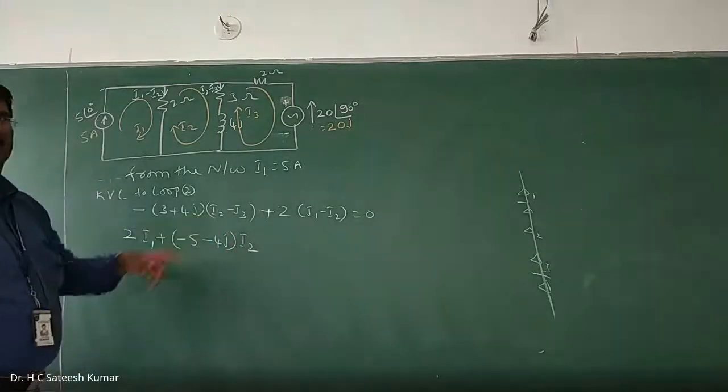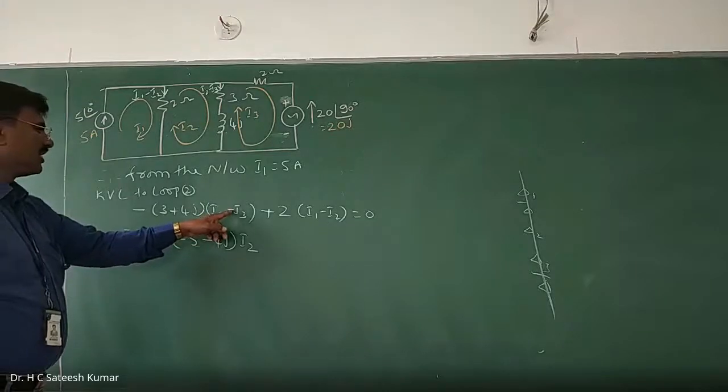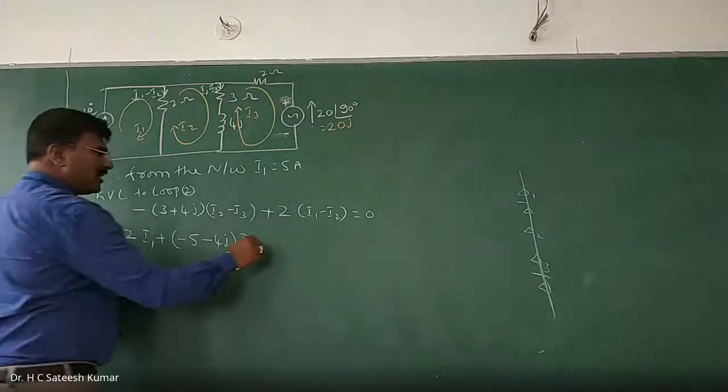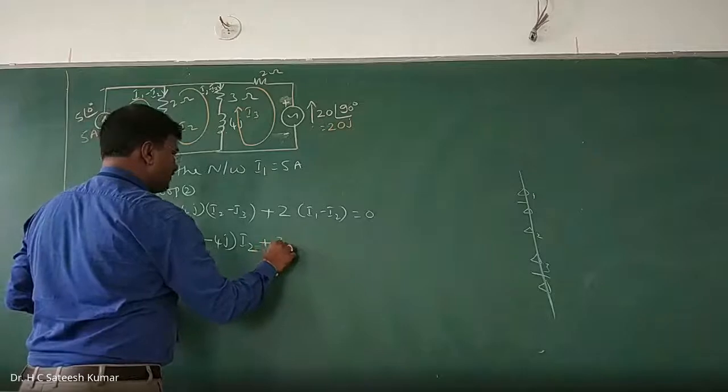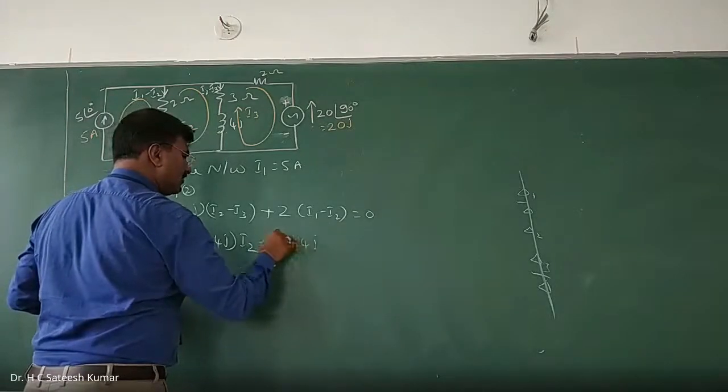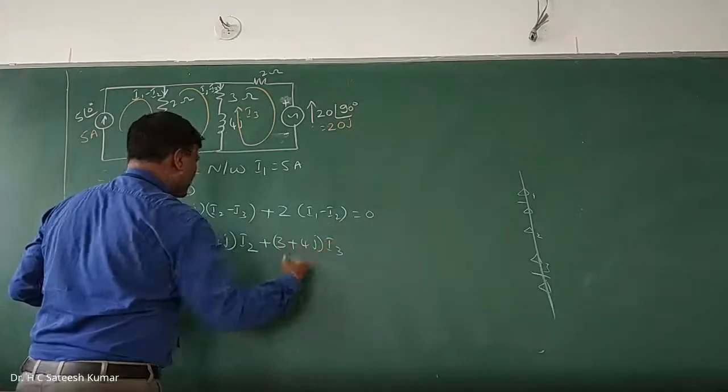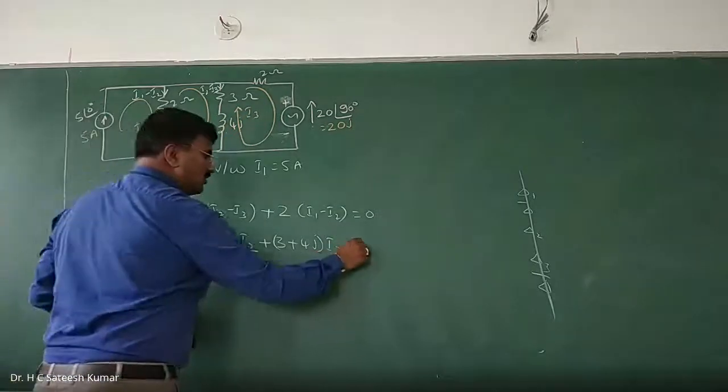No complex value here. And I3 coefficients: minus of minus is plus, so plus 3 plus 4j into I3. Is equal to 0.